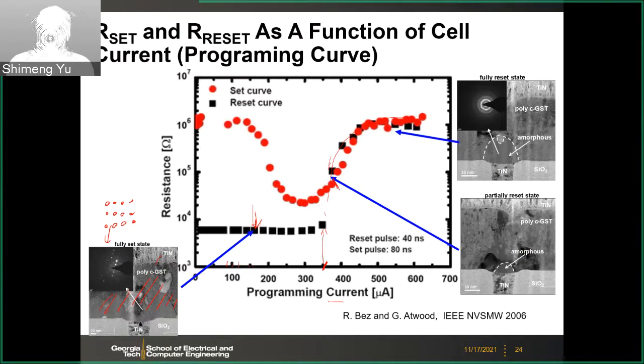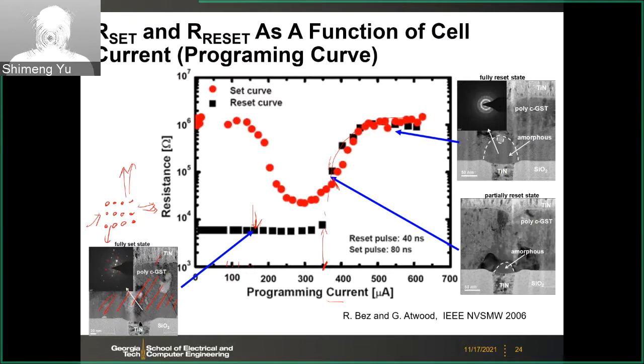You can think of the light going through this, and the electrons will be diffracted, but this diffraction pattern will reflect the crystal structure. So you see these bright dots in the diffraction pattern. This is evidence that the material is in the crystalline phase.